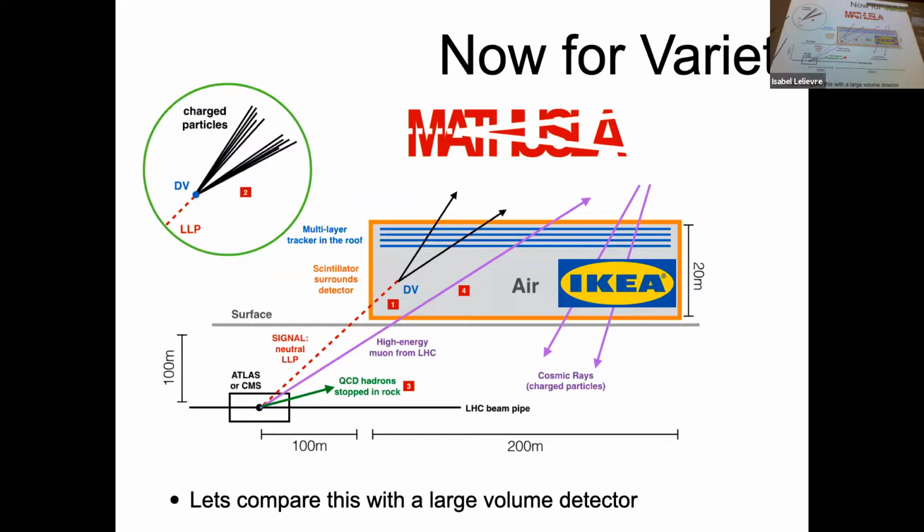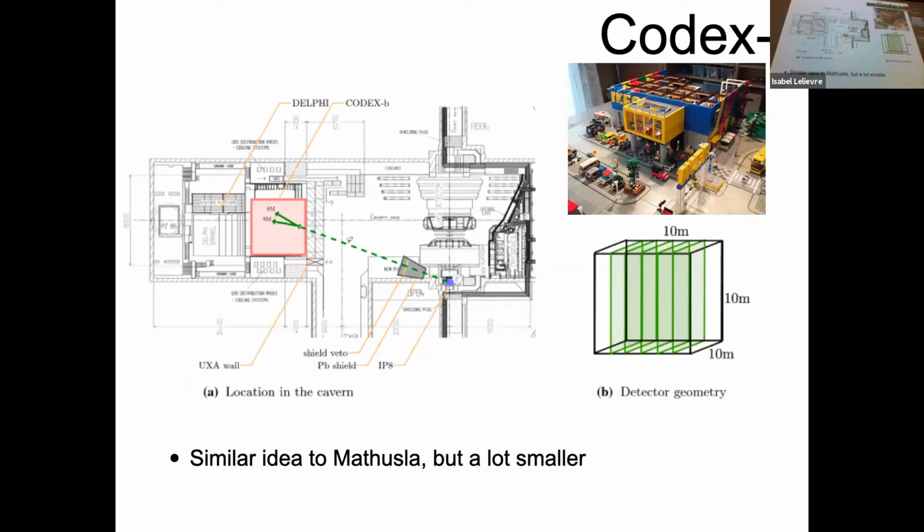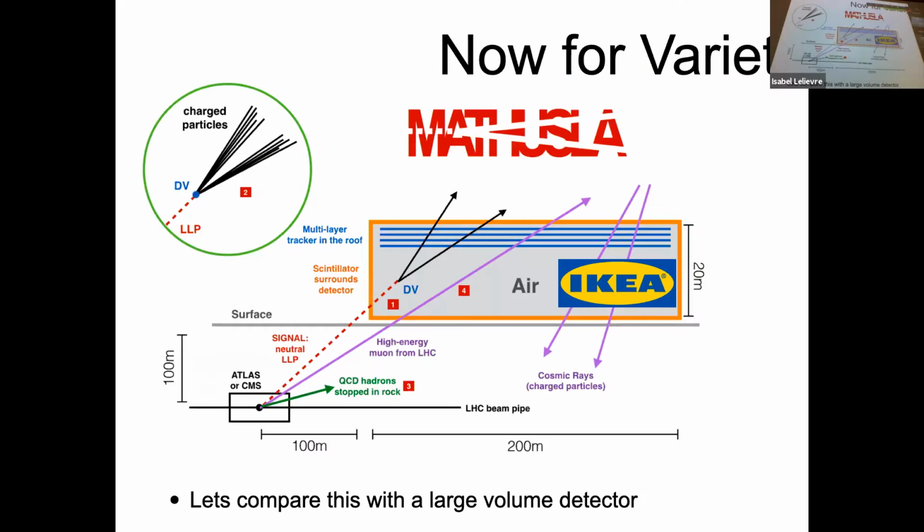And just to compare with something else, I also put Methuselah here. So we can compare a displaced ID inside the detector with a displaced ID at Methuselah. By displaced ID, do you just mean a definitive tag on that interaction? Yeah, exactly.